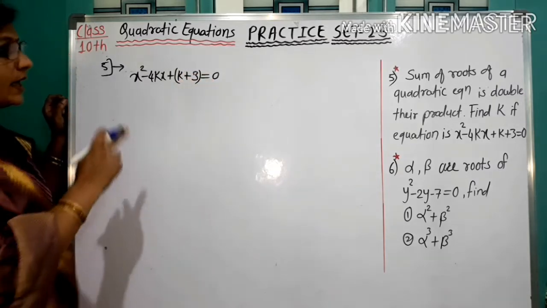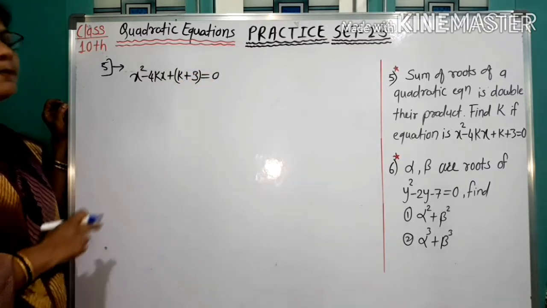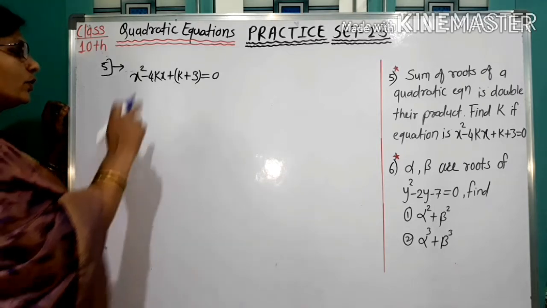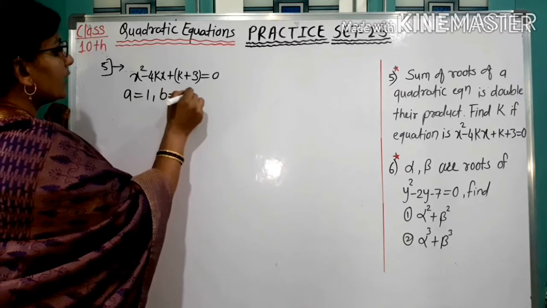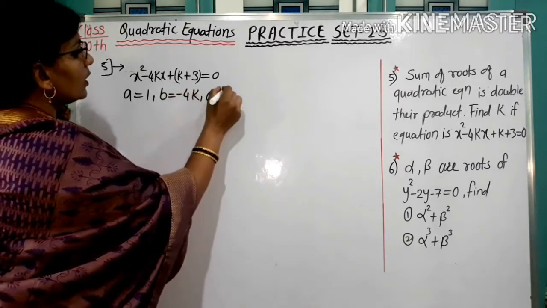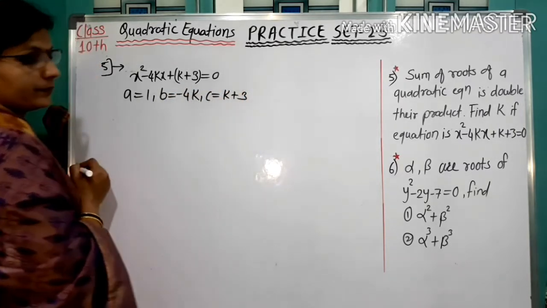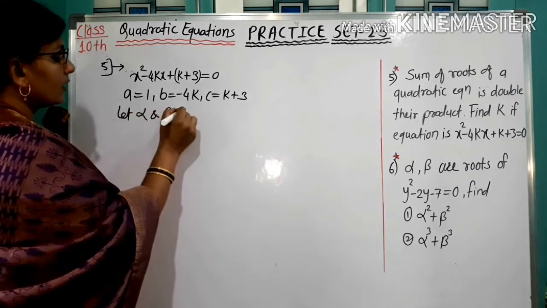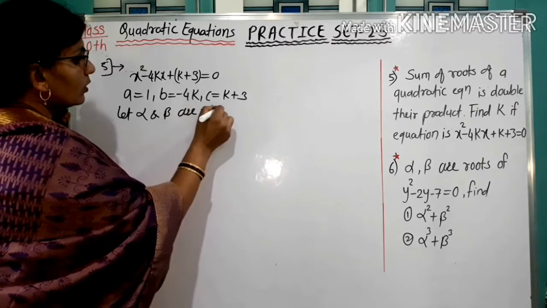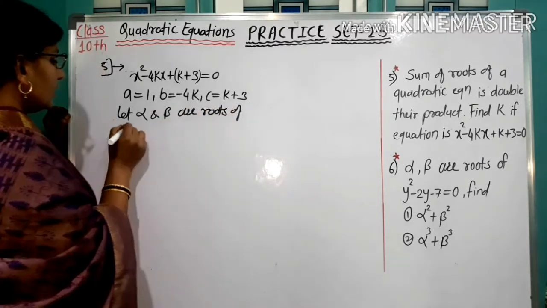Then comparing this equation with ax square plus bx plus c equal to 0, we have a equal to 1, b equal to minus 4k and c equal to k plus 3. Let alpha and beta be roots of the given equation.